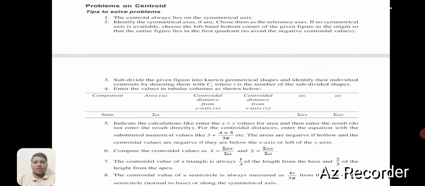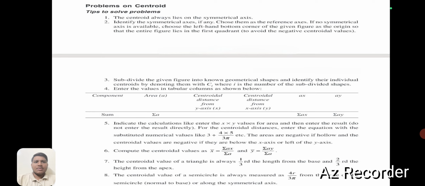To find the centroid of a given figure, we should follow certain tips and certain rules. The first rule is that the centroid always lies on the symmetrical axis. We should first find whether the figure is symmetrical along any x-axis or y-axis.